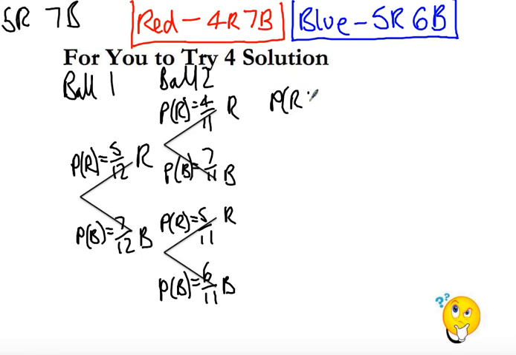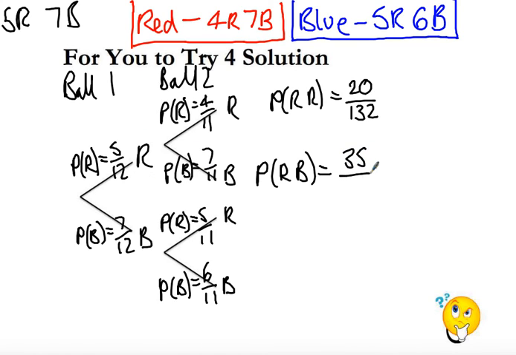Probability of a red and a red. Multiply across the branches, 5 twelfths times 4 elevenths, 20 over 132. Probability of a red, then a blue, is 5 twelfths times 7 elevenths, 35 over 132. 11 times 12, yep.